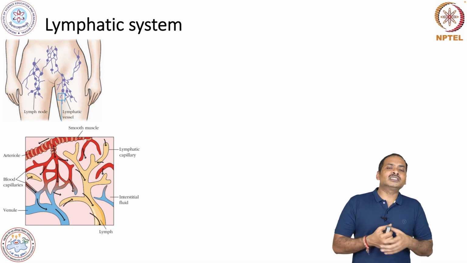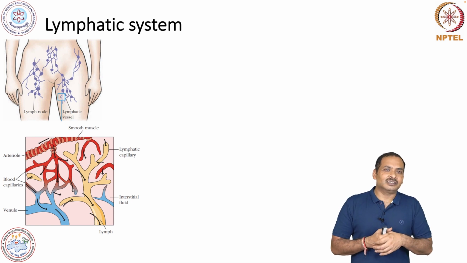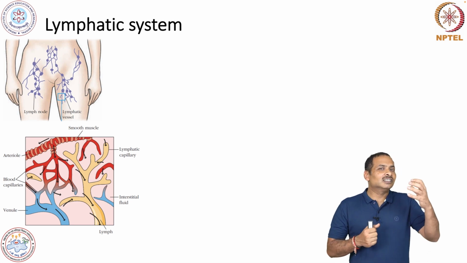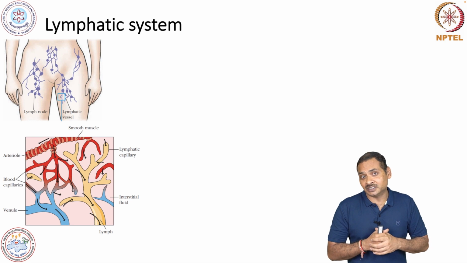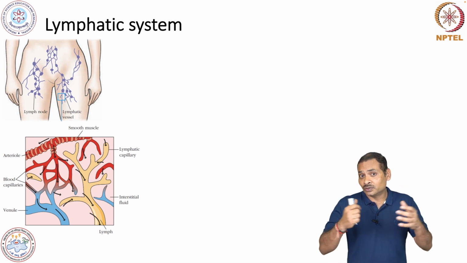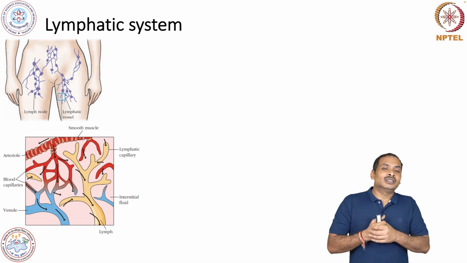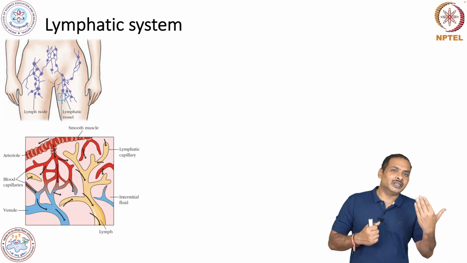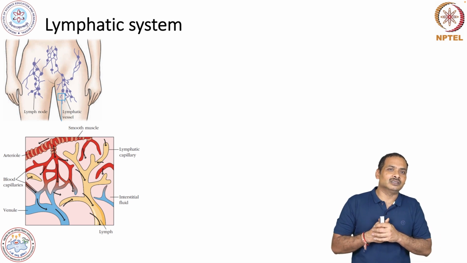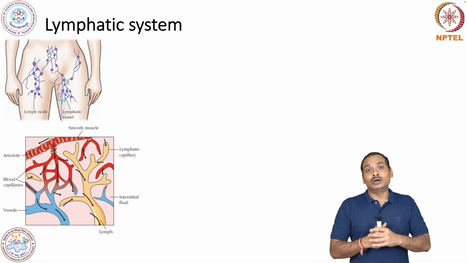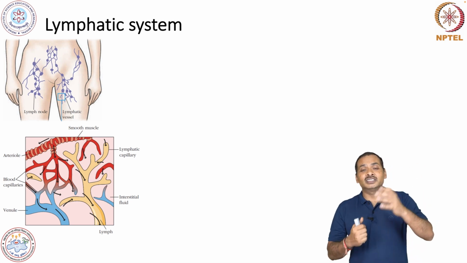So this lymph is very rich in antigen. If you see very carefully, you can understand that this lymph will be rich in antigen, and this antigen will come from the tissues. So the antigen can go into the tissues as well. I have explained the role of spleen. Whatever blood-borne antigen is present will be filtered in the spleen.